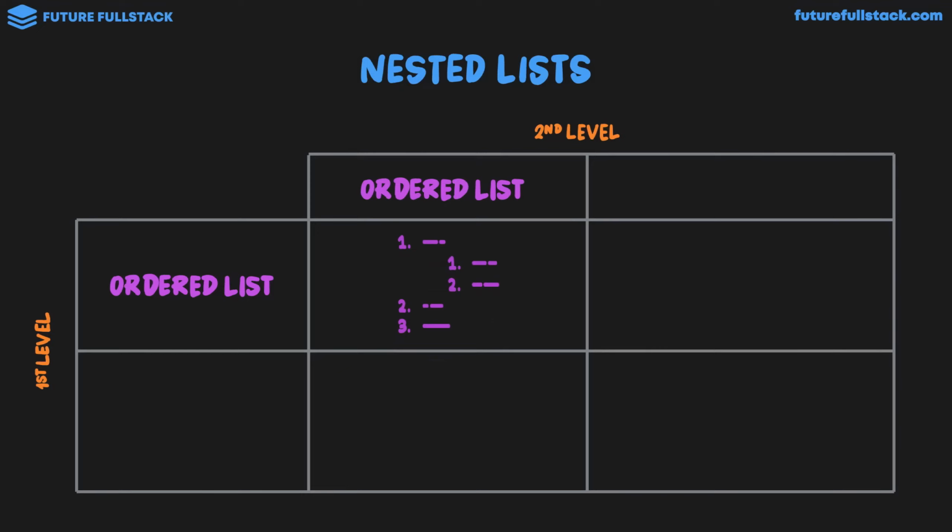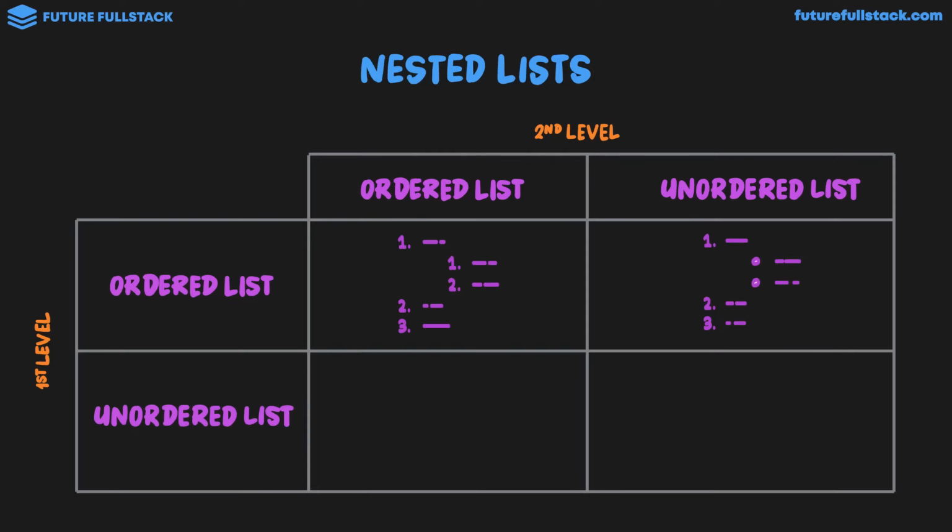If we had an ordered list as the parent, and an unordered list as the child, it would look like this. If we had an unordered list as the parent, and an ordered list as the child, it would look like this. And finally, if we had an unordered list as the parent, and an unordered list as the child, it would look like this.